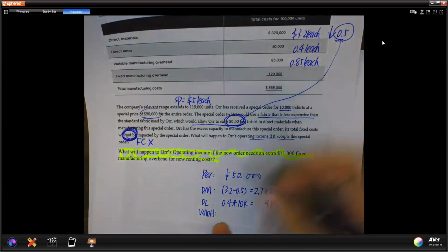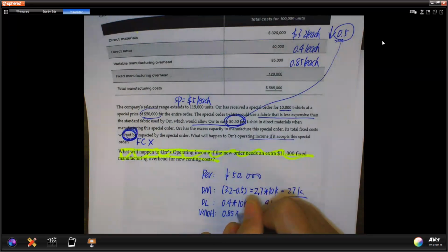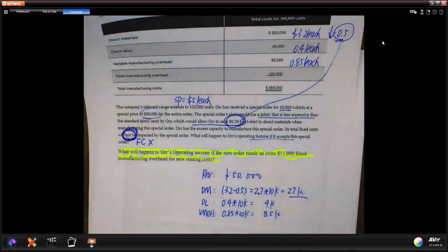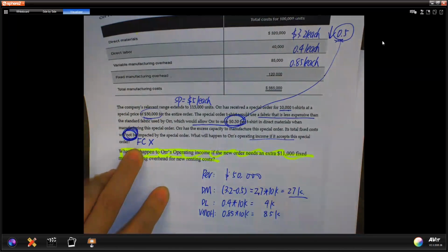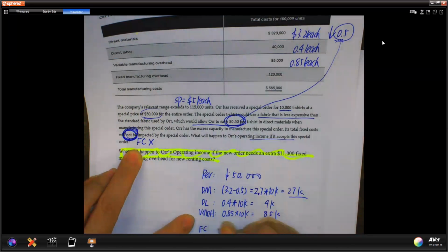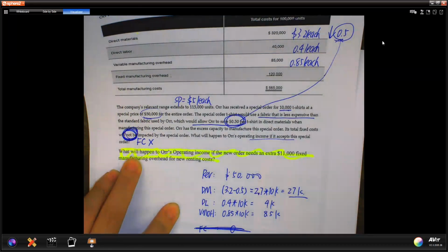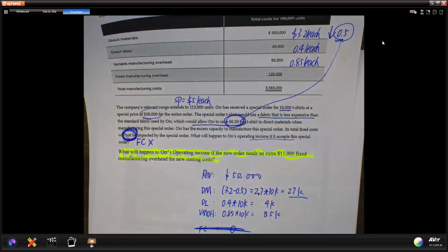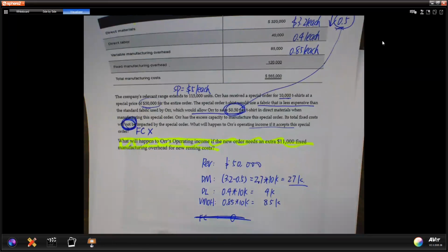Each one is 0.85. We are working on 10,000 units, so that gives you 8.5 thousand. We said the fixed cost will not be affected. So the incremental fixed cost is just 0. We don't even think about it. There is no incremental part. It will be the same.